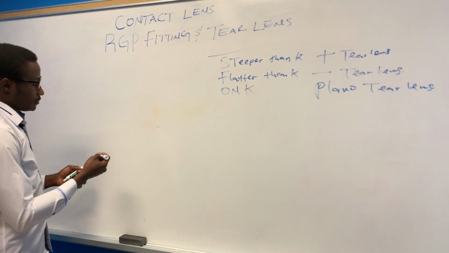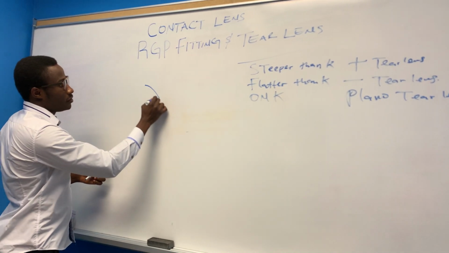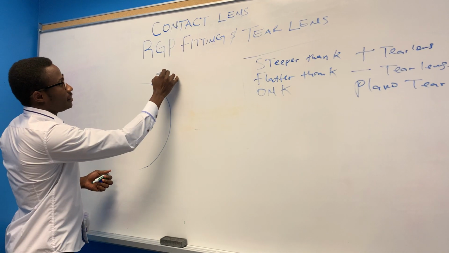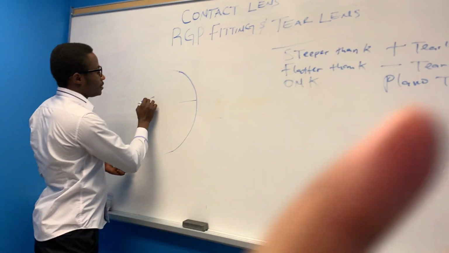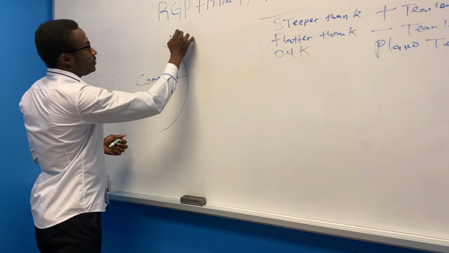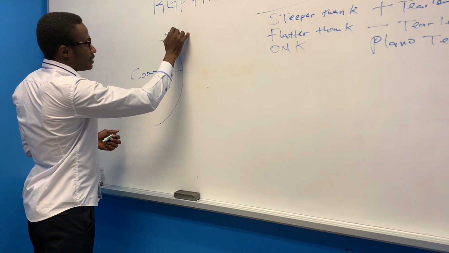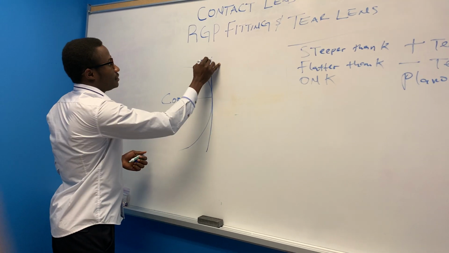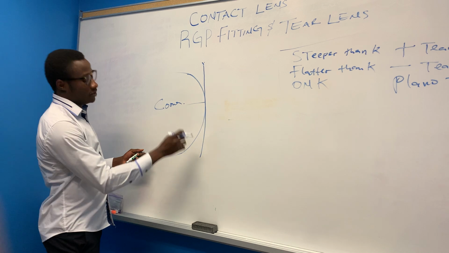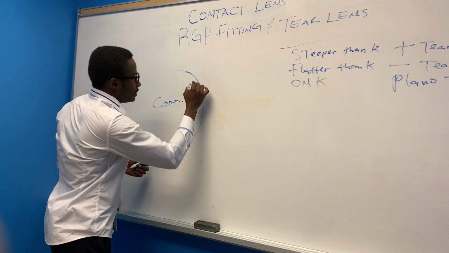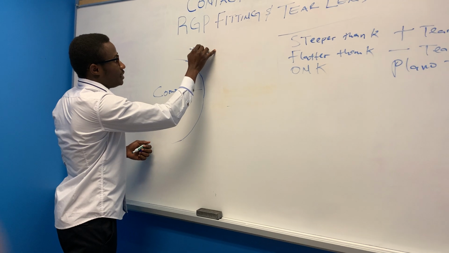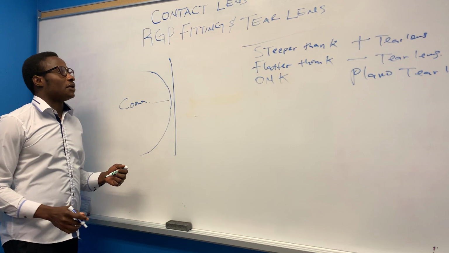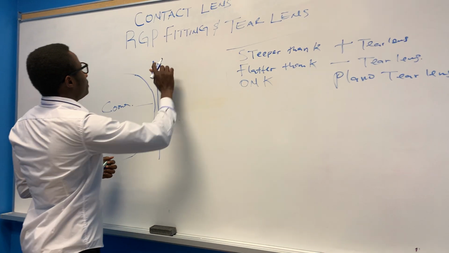TLS, a minus TLS. This is my cornea again. Then I am fitting an RGP lens that is flatter than the K. I'm fitting an RGP lens that is flatter than the K, meaning that my RGP lens here is flat and not as steep as in the first demonstration.